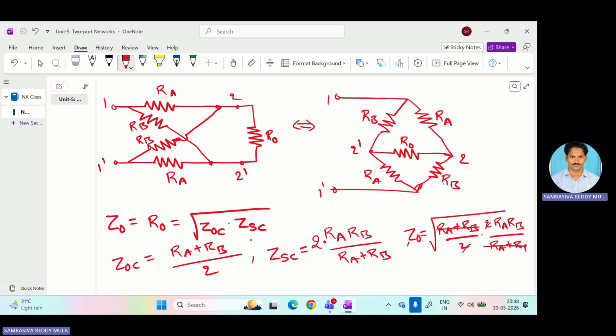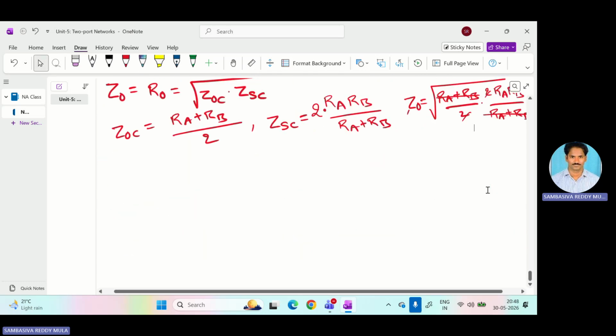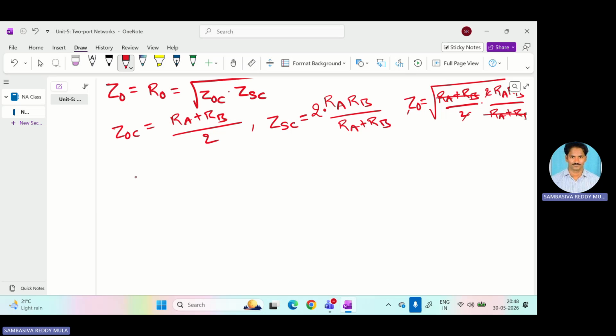What remains is only the square root of RA into RB. So the characteristic resistance of a lattice attenuator is nothing but the square root of RA into RB, the geometric mean of the series and shunt arms. I can easily remember: square root of RA into RB.